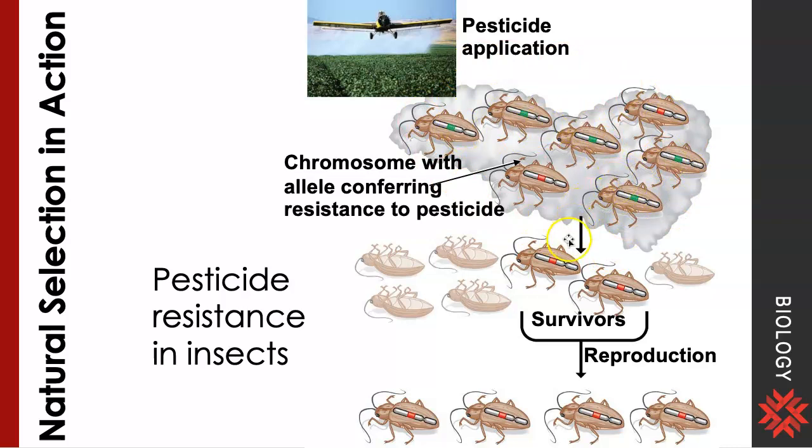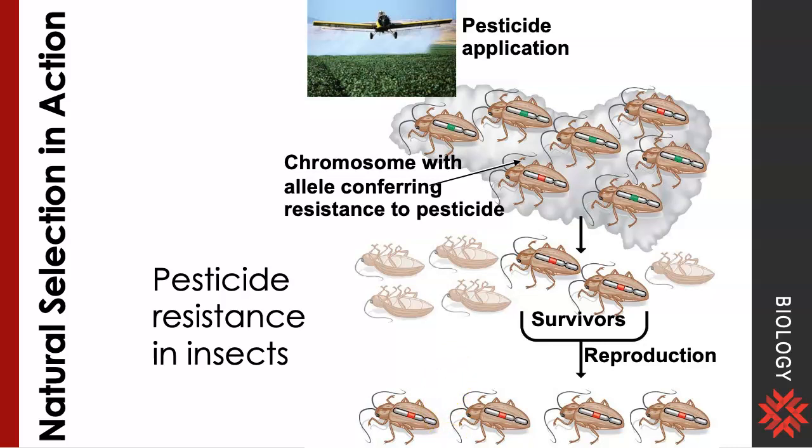They can't survive. But the ones with the red allele, that pesticide resistance allele, those guys survive, they reproduce, and they're going to hand on that heritable trait of pesticide resistance to the next generation. So generation over generation, those that survive are going to be the ones that are the most resistant to these pesticides. So subsequent applications of these pesticides are going to become less and less effective over time.